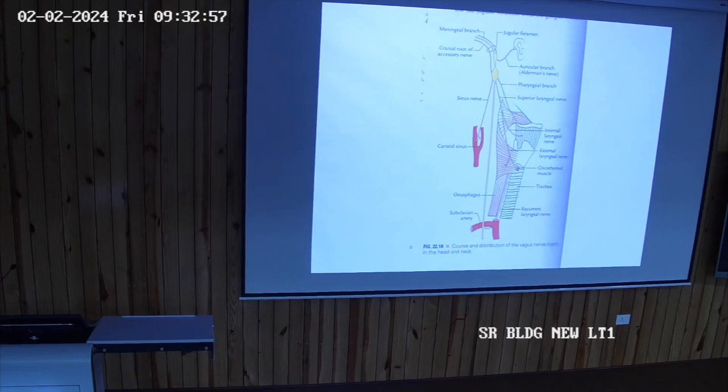There are three meninges covering the brain; you have read in previous classes: dura, arachnoid and pia mater. So the dura mater of the posterior cranial fossa is supplied by this meningeal branch of the vagus nerve, coming from the superior ganglion.